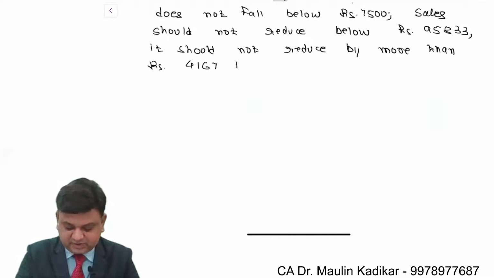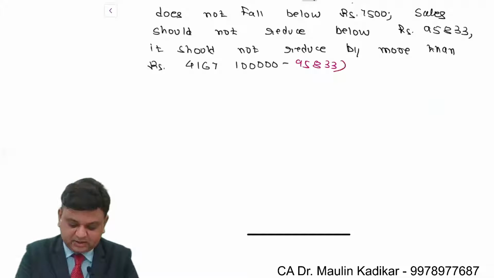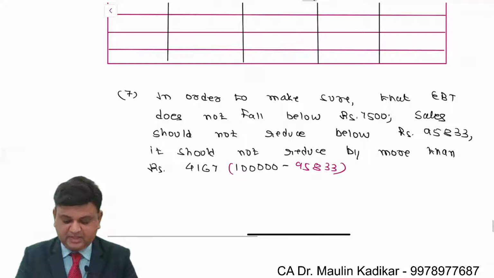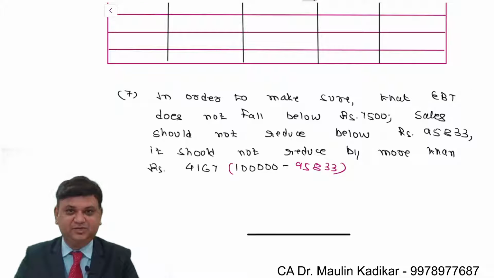How is this 4,167 found? 1 lakh minus 95,833. That is the way we can give the answer for the 7th question.